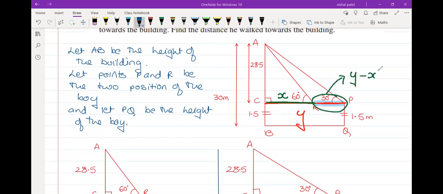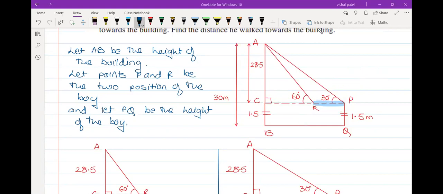I have to do Y minus X. Is that clear, all of you? Yes, sir. I want to find the distance covered. So the total is Y and the green part is X. So I have to do Y minus X.